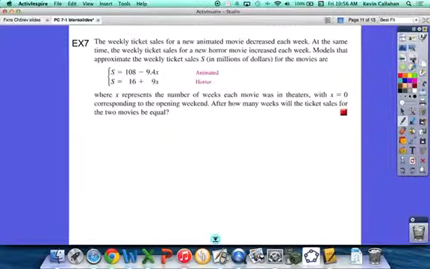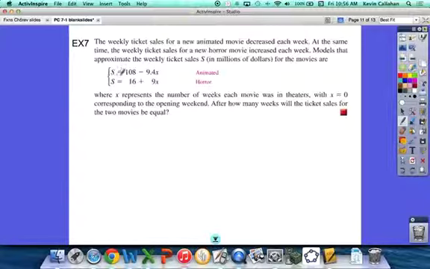Okay, and then the last example, almost the same thing. Movies. The weekly ticket sales for a new animated movie decreased each week. At the same time, the weekly ticket sales for a new horror movie increased each week. Models that approximate the weekly ticket sales are here, right?